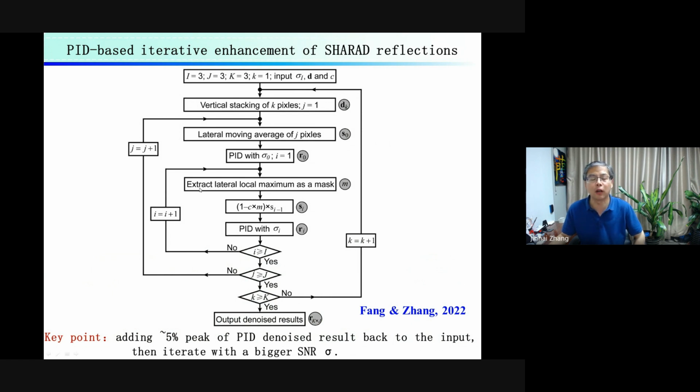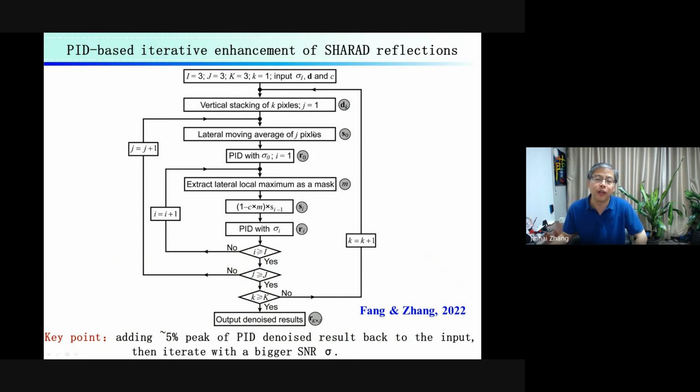The key point of this method is to extract local maxima as a mask. That means we only leave the dominant peaks by removing all the residues. Only the peaks are left, and we apply a scale of about 3 to 5% on it, and then this part will be added to the original input data.